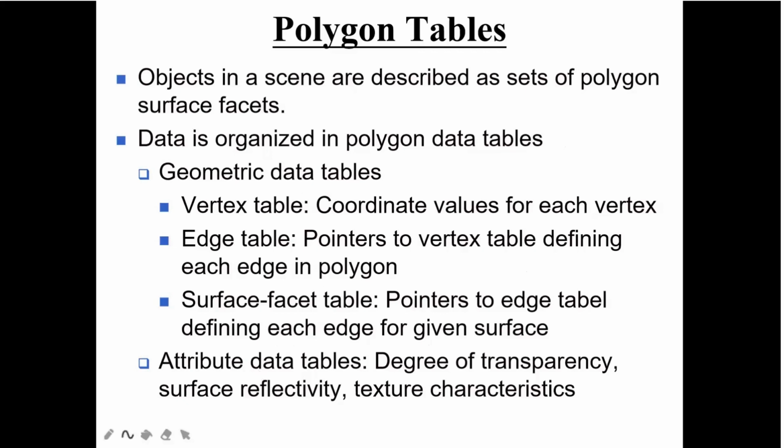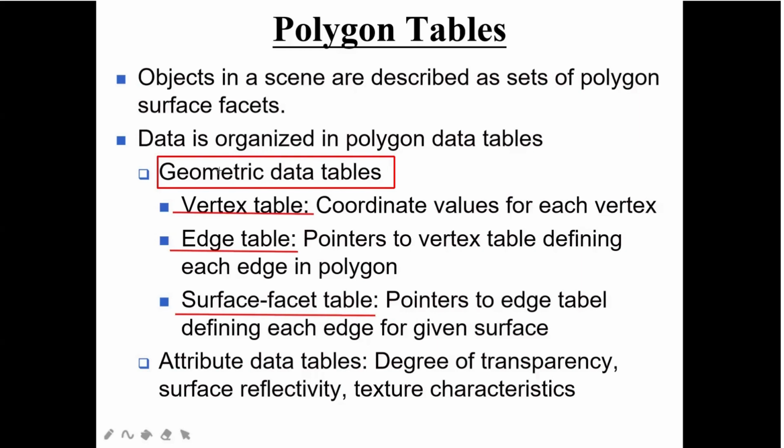What is the name of that? You are going to prepare one geometric data table where it will have your vertex table, your edge table, and your surface face table. These three things it is going to contain.